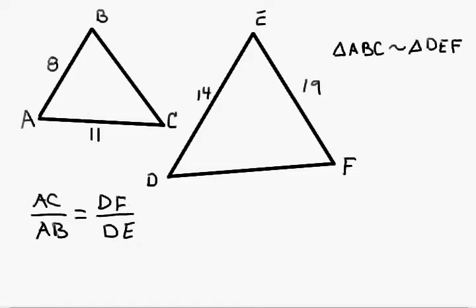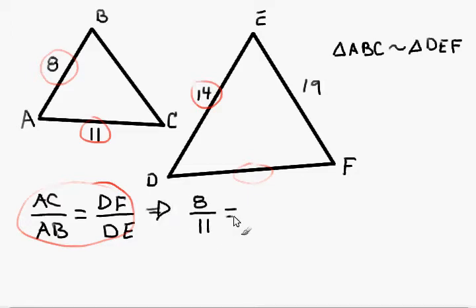Well, we know what AB, AC, and DE are, which means that we can then find DF using this setup. So let's do that. 8 divided by 11 is equal to DF, whatever that length is, divided by 14.